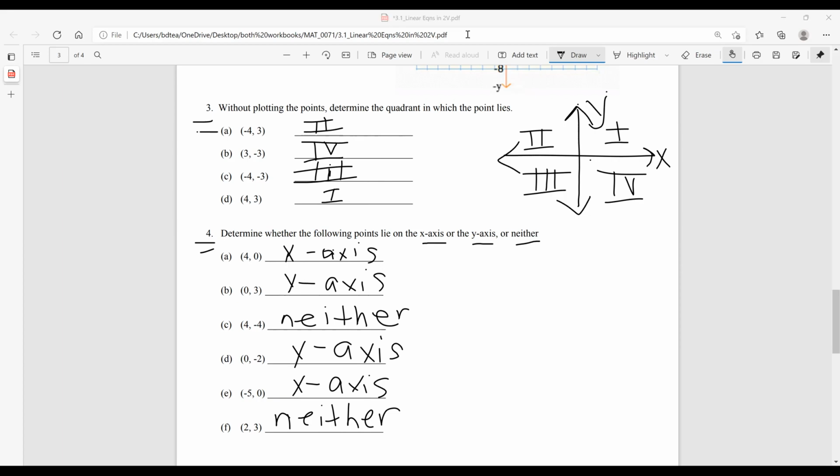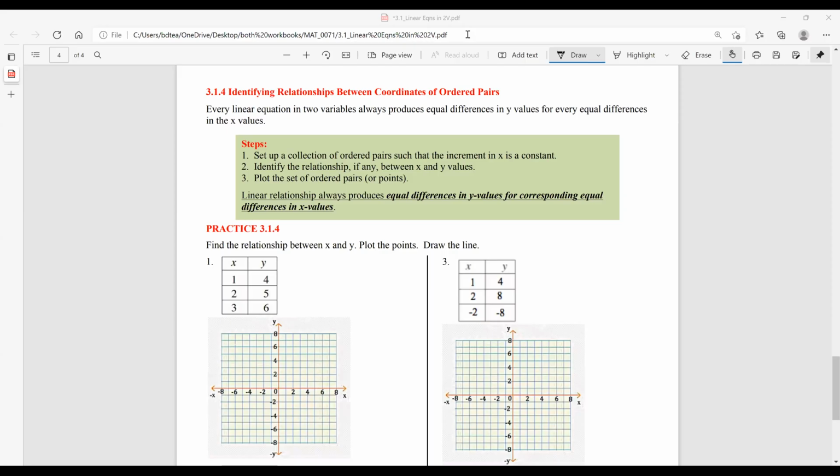This last section here, identifying the relationship between the coordinates and the ordered pair. For each linear equation with two variables, equal differences in the x value always produce equal differences in the y values.